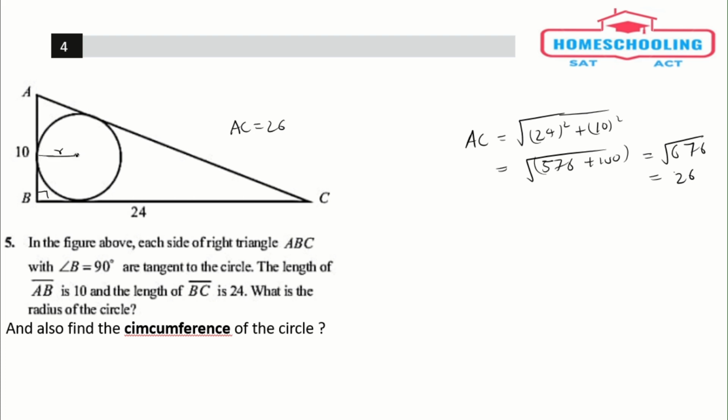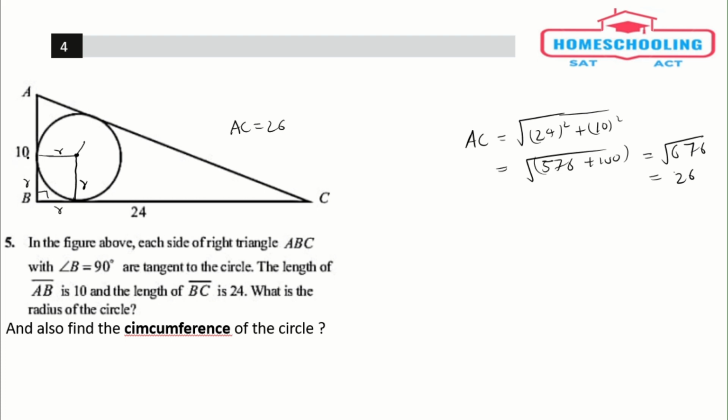Now let's come to the figure here. If this is the radius, then this can also be equal to the radius, and this forms a square. So if this length is radius r, then from here to here would also be r. And similarly, if this is r, this would also be r.